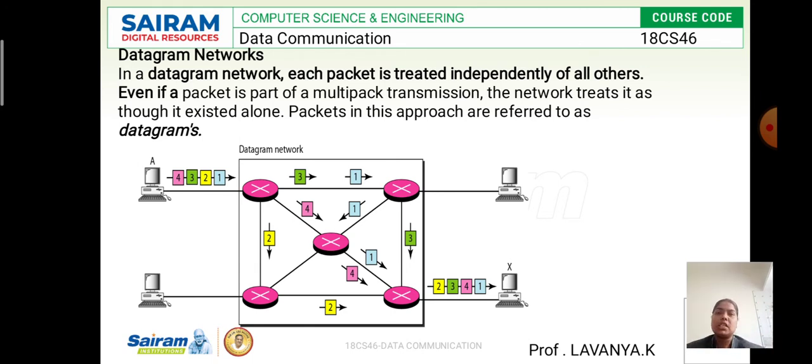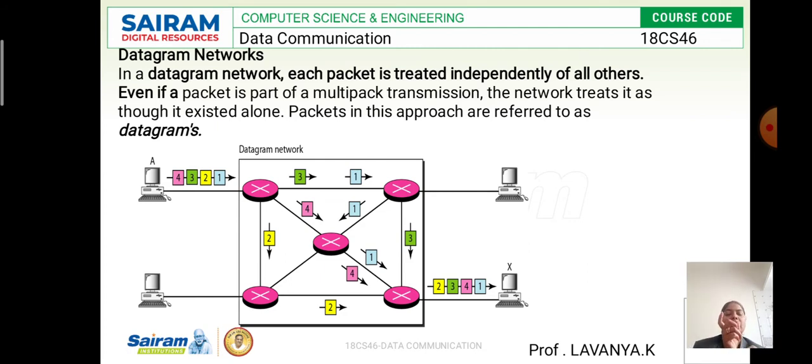In packet switching networks, there are two types: the datagram network and the virtual circuit. What is the datagram network? In a datagram network, each packet is treated independently of all others, even if the packet is part of a multi-packet transmission.